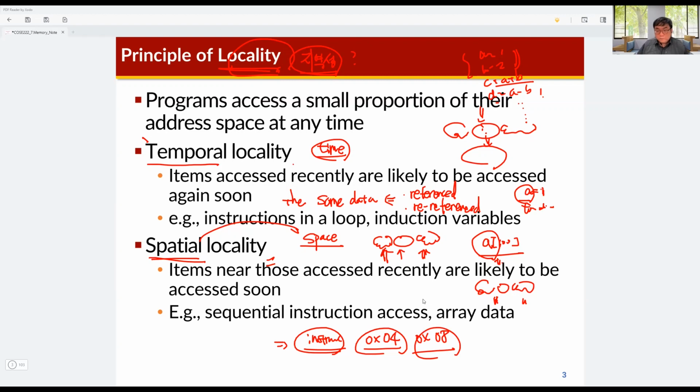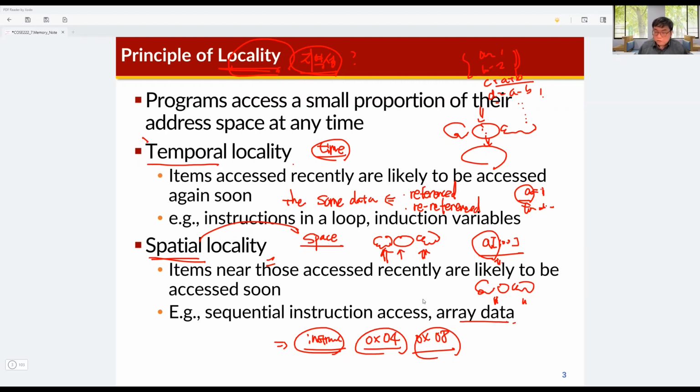So instructions are sequentially fetched from the instruction memory. That means that a certain instruction is fetched, and then the next instruction is the neighbor data. So neighbor data is referenced. It's called the spatial locality. So it's also array data, as I explained.